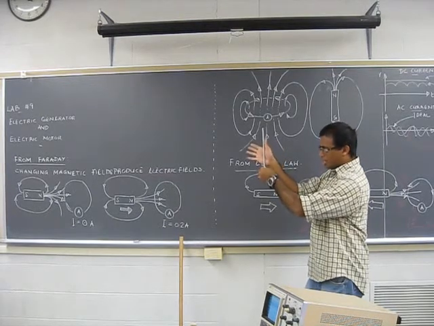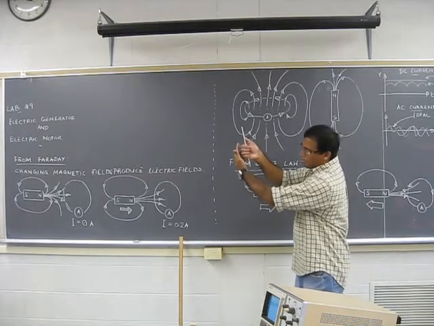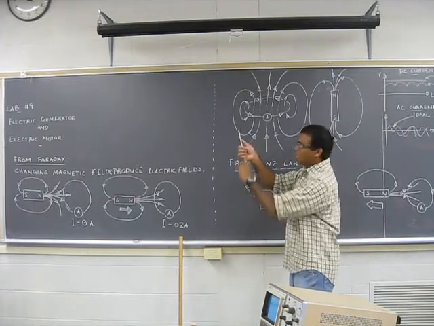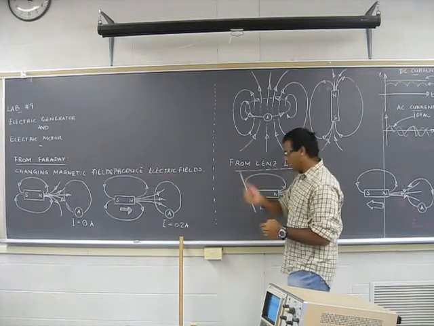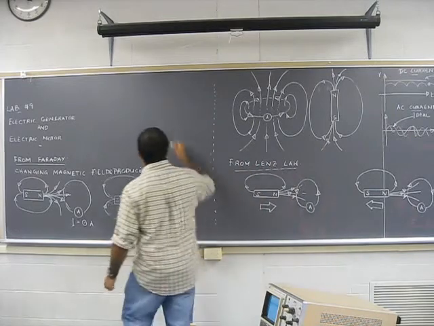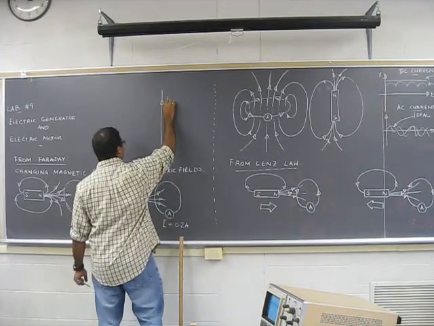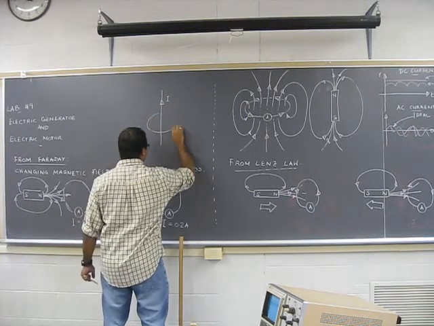If I do that, the tips of the fingers will give me the direction of the magnetic field around this conductor. So in other words, if I have a conductor like this, with a current going up like this, the magnetic field is going to be like this.